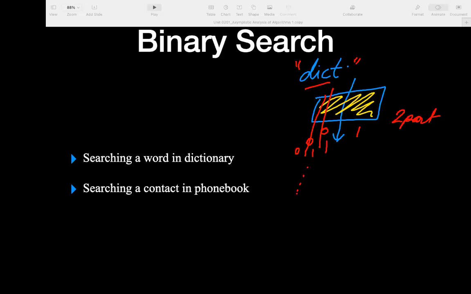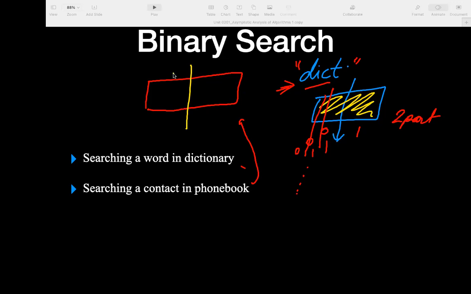Similarly, when we try to find a phone number in our phone book, it is the same as a dictionary. The only difference is that in place of all possible English words, or Hindi words if it is a Hindi dictionary, Punjabi words if it's a Punjabi dictionary, French words if it's a French dictionary, in a phone book we are going to have names, right?